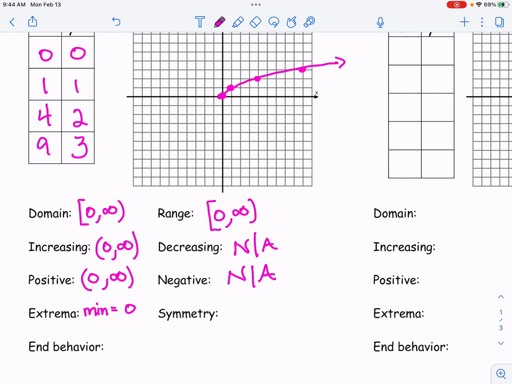Symmetry, it is symmetrical to the, well, our x's would be negative, the y would stay the same, so that means that it would be symmetrical to the y-axis.